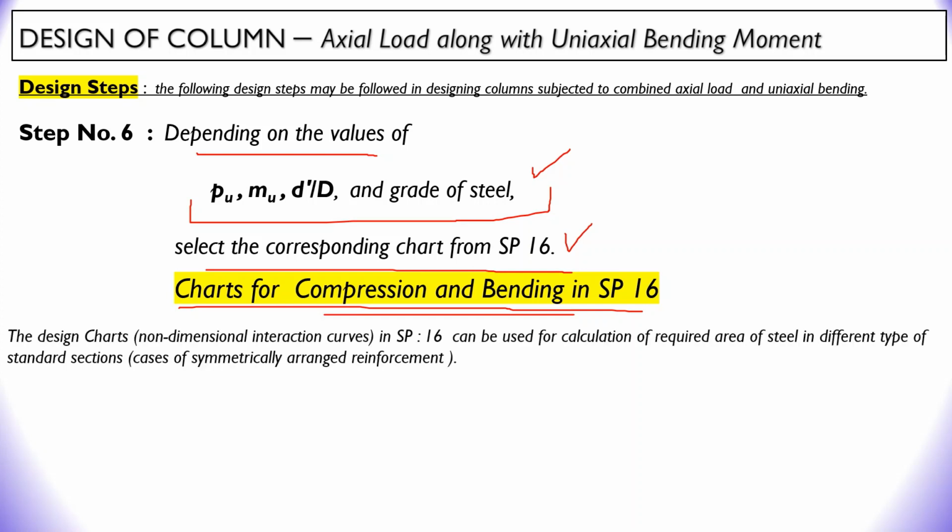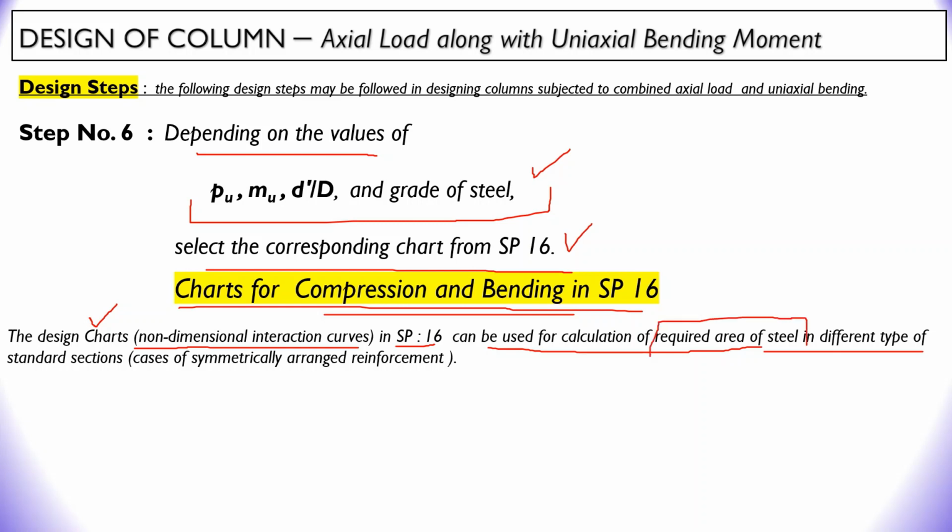Now let us discuss what these charts are. The design charts, or non-dimensional interaction curves, are basically various types of curves, and we have to select the relevant curve from SP16, which can be used for the calculation of required area of steel.